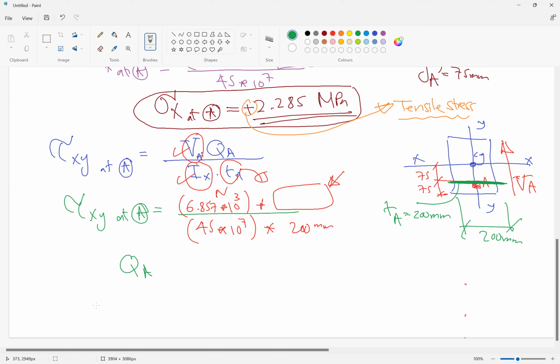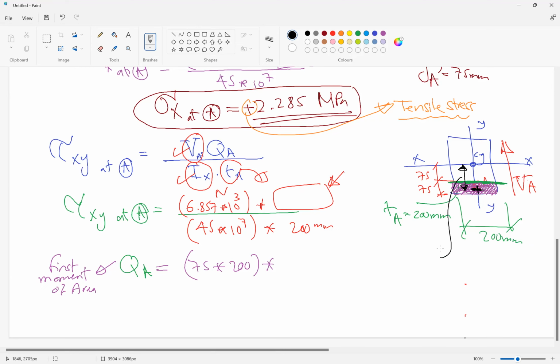Q at A is the moment of area of this part or the other part. We can calculate it from the solid part, or from the other side. To remind you, QA is the first moment of area. Q at A is equal to this area, 75 times 200, times the distance from the centroid of this area to the centroid of the whole cross section.